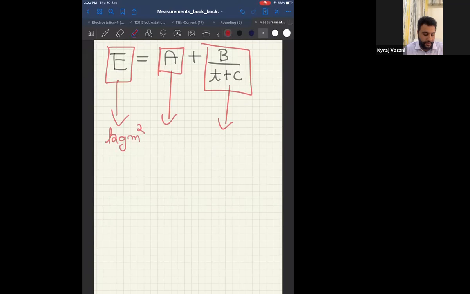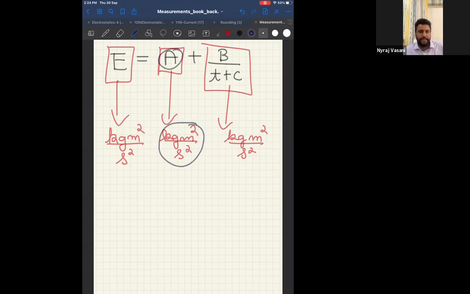Kg meter square per second square. What is the unit of this also? It will be kg meter square per second square. Over here also it will be kg meter square per second square. Correct? Therefore, immediately I got the answer for A, that the unit of A is kg meter square per second square.